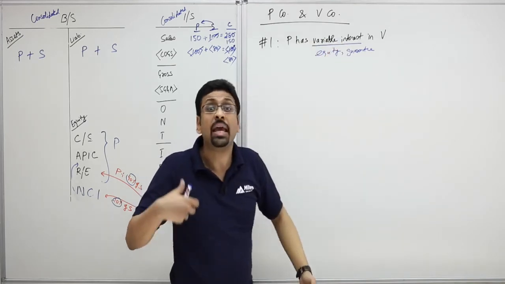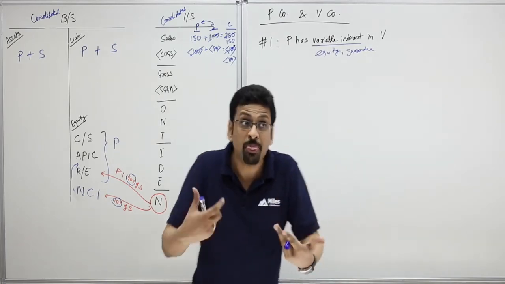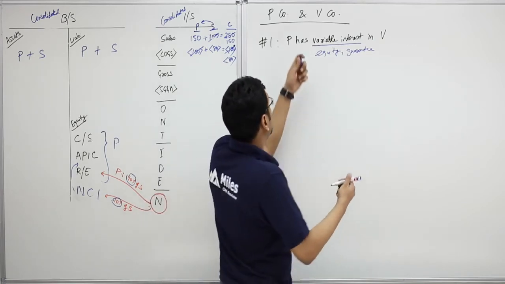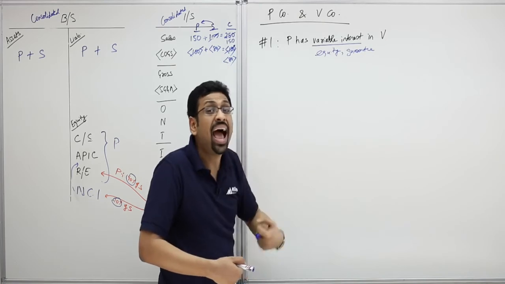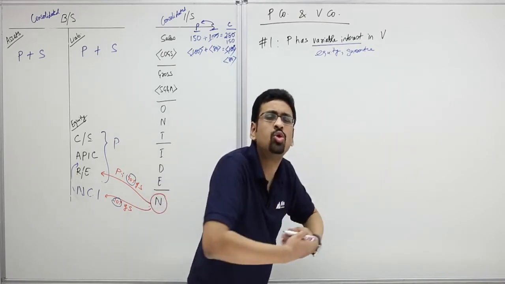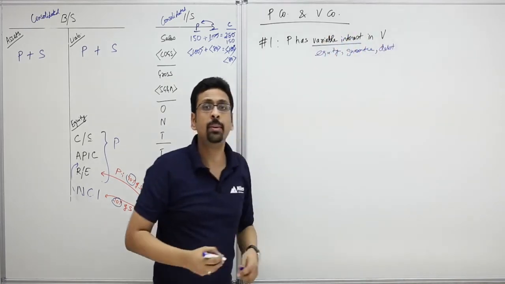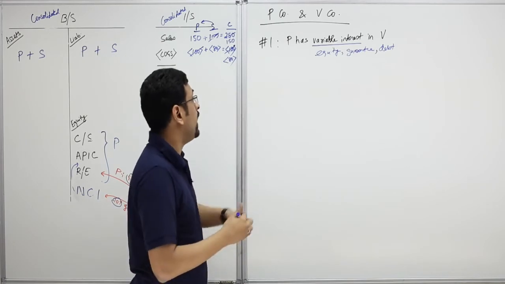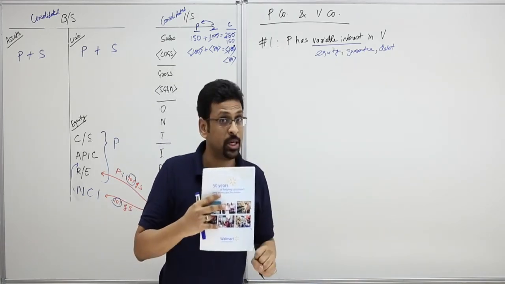Or P gave some implicit guarantees when we try to get money from related parties. Again, that could be a variable interest. So equity, guarantee, or let's say P does not have an equity stake in V, but P has provided a lot of loans to V, a lot of debt. That could be a variable interest. So that's your condition number 1, where the P or the parent has variable interest in V.